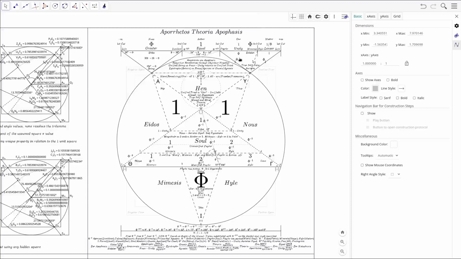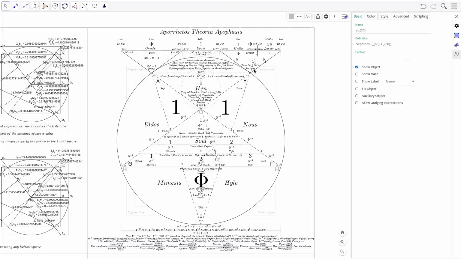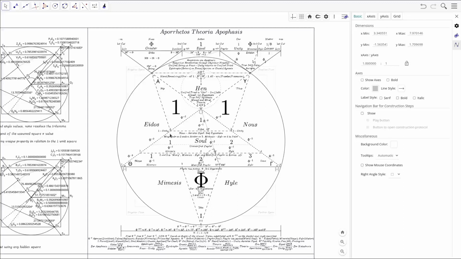And this line over here, the unmanifest psyche, corresponds to this line over here, which is also 1 as the unity part of the nous unity, and it also corresponds to the 1 unity over here of the second hypostasis.